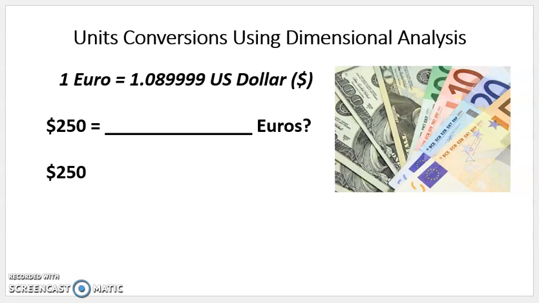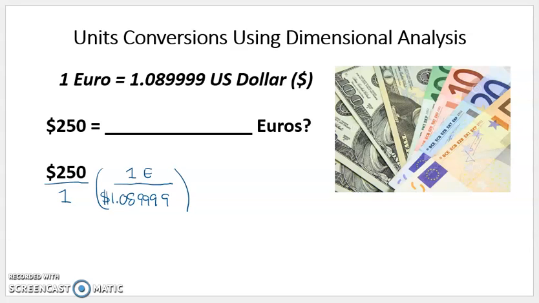So again, all we have to do is multiply this value we want to convert, $250, by a fraction equivalent to 1. Again, I want my dollars to be on the bottom because I want to cancel my dollars. So $1.08999 is equivalent to 1 euro.